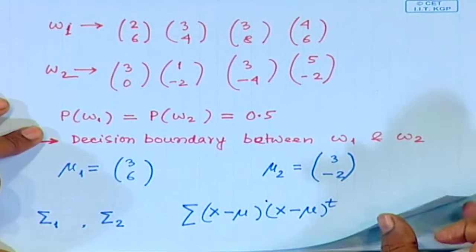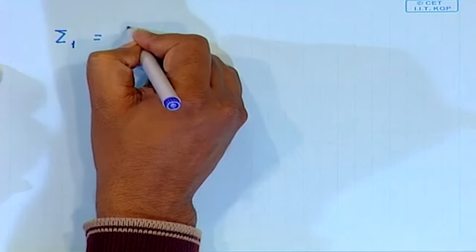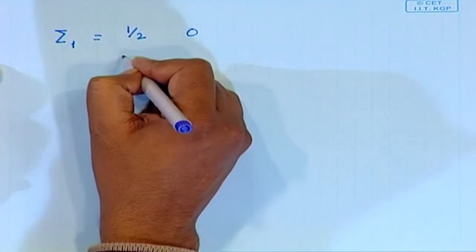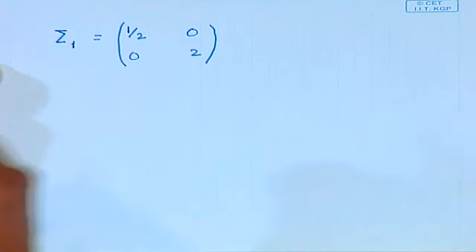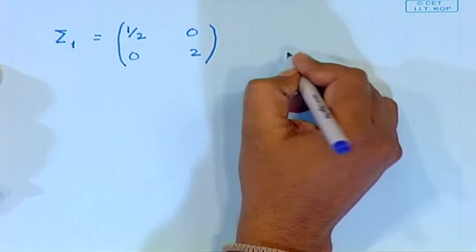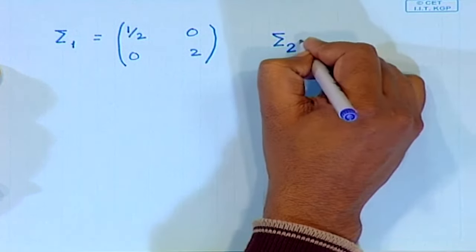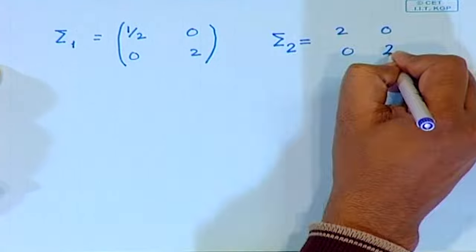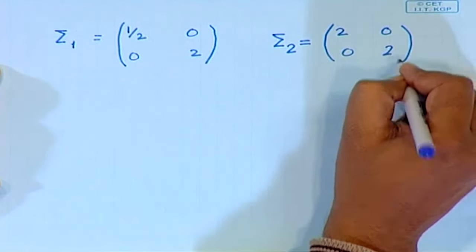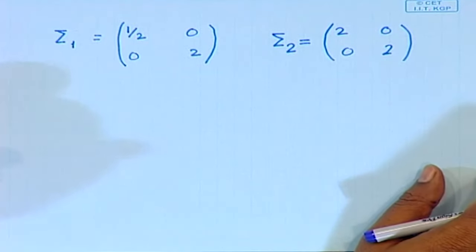If you do it that way, you will find that sigma 1, the covariance matrix of class 1, comes out to be [1/2, 0; 0, 2], and sigma 2, the covariance matrix of class 2, comes out to be [2, 0; 0, 2]. So, you find that the covariance matrices of the two classes are different.